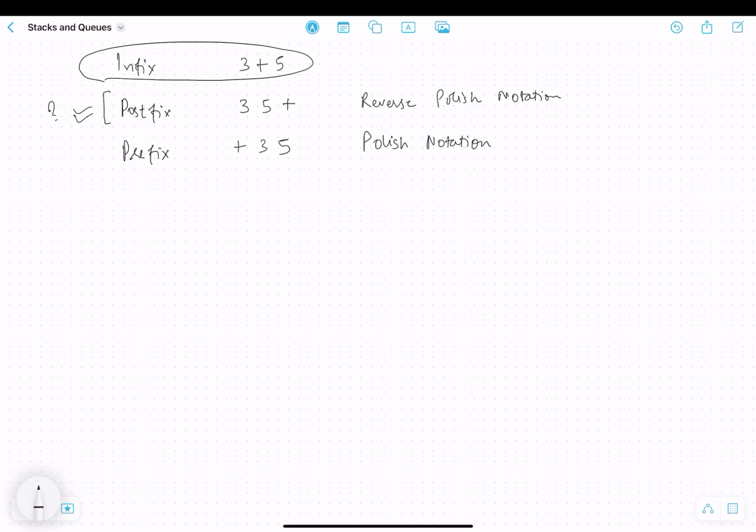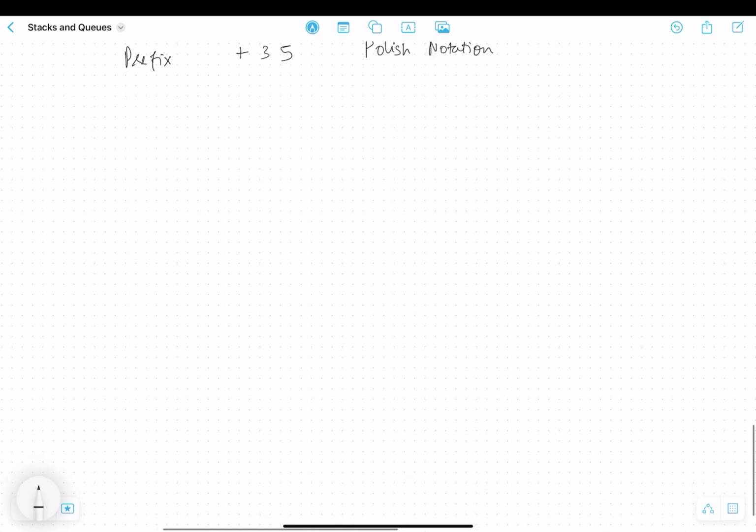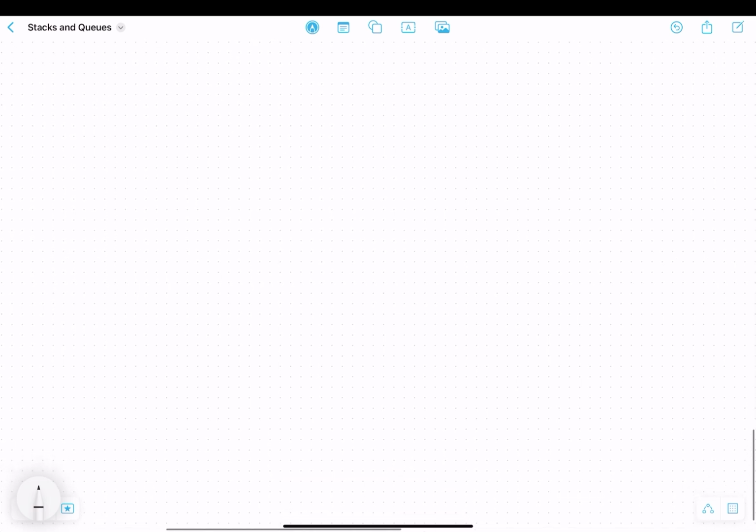But before that, I'm going to show you how to solve an infix expression using stack.